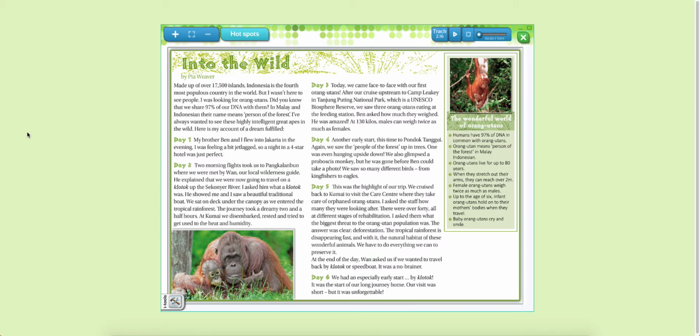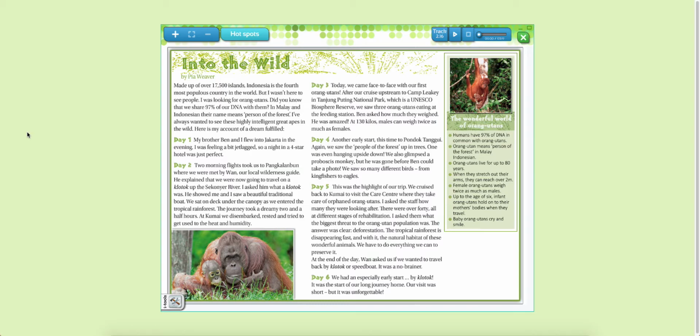There were over 40 at different stages of rehabilitation. I asked them what the biggest threat to the orangutan population was. The answer was clear: deforestation. The tropical rainforest is disappearing fast, and within nature.